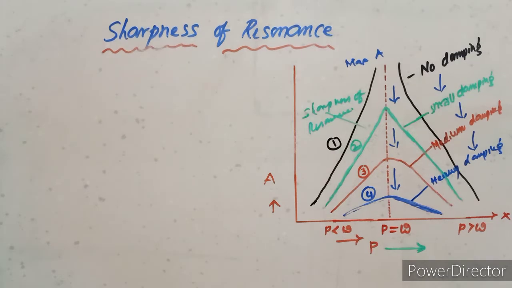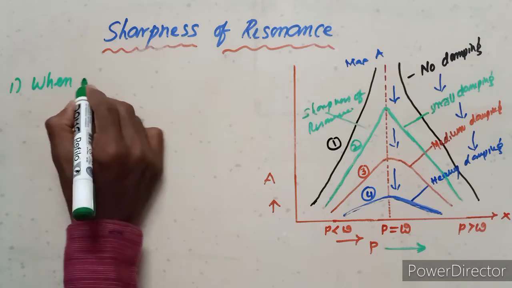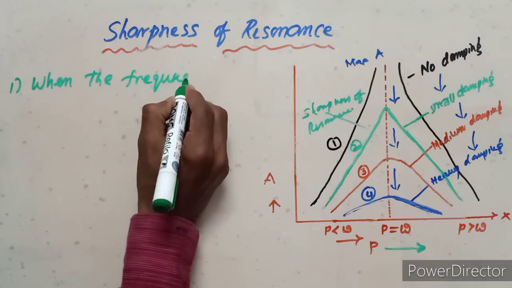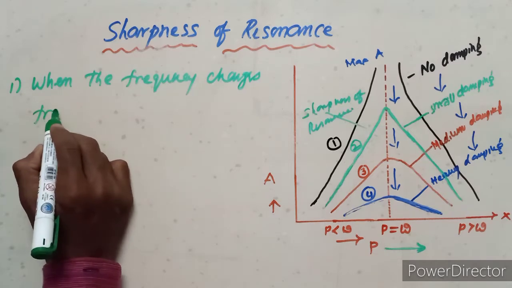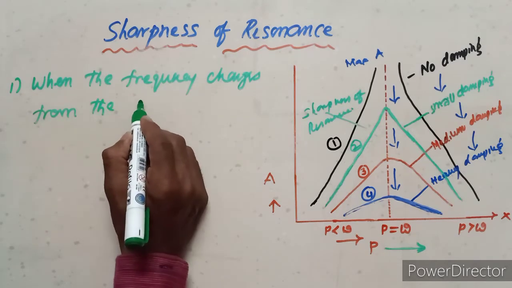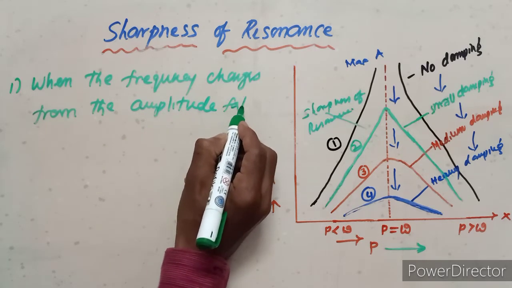Finally, some points are observed. When the frequency changes, the amplitude falls.